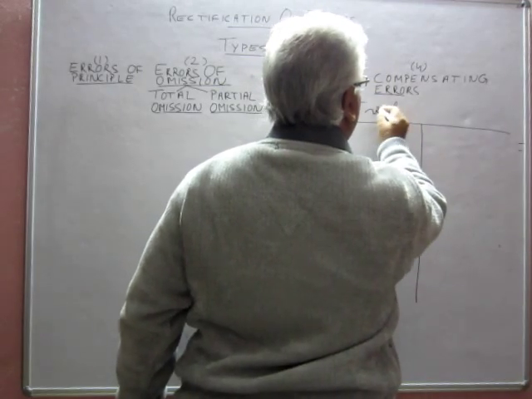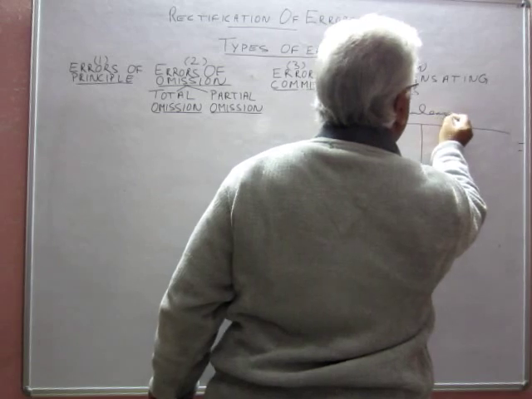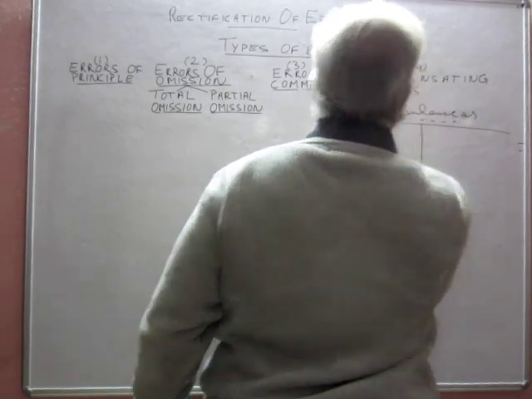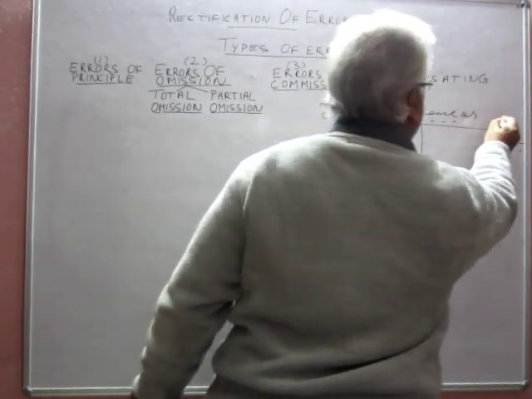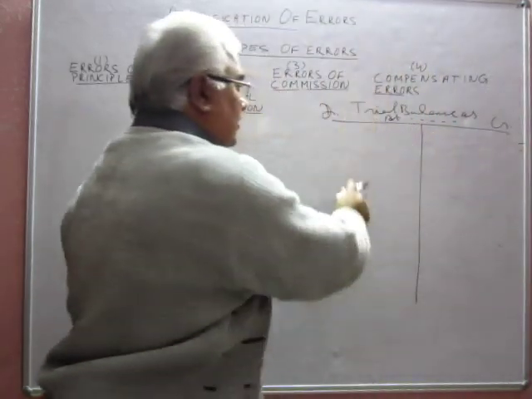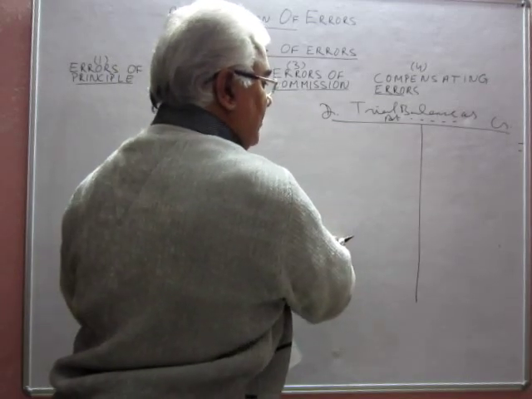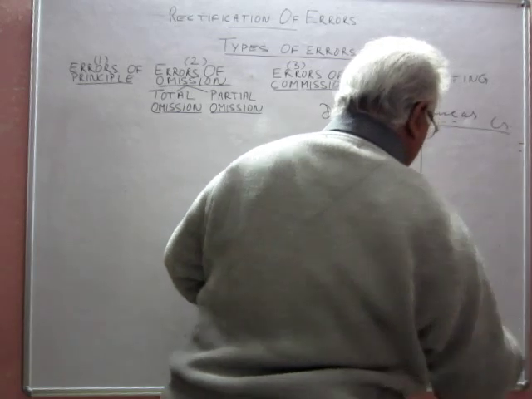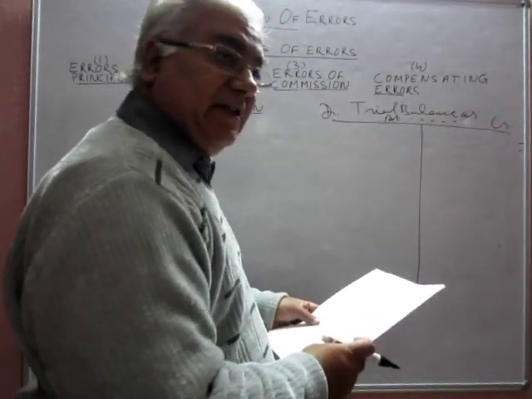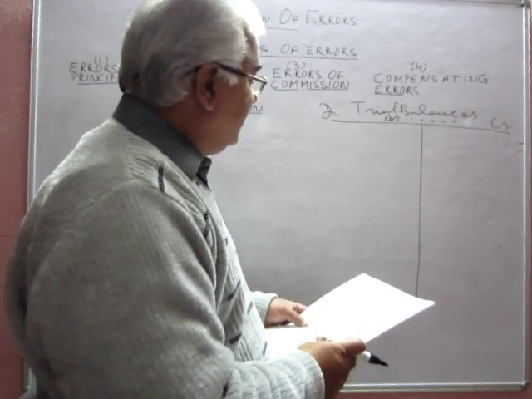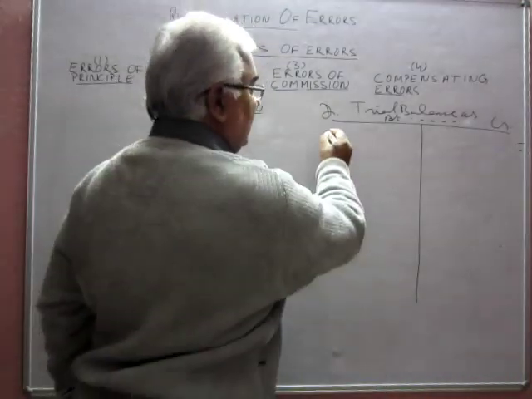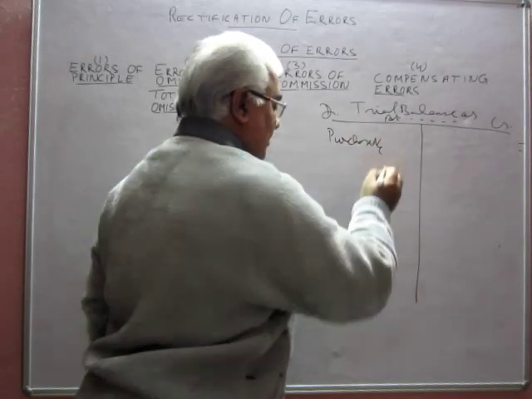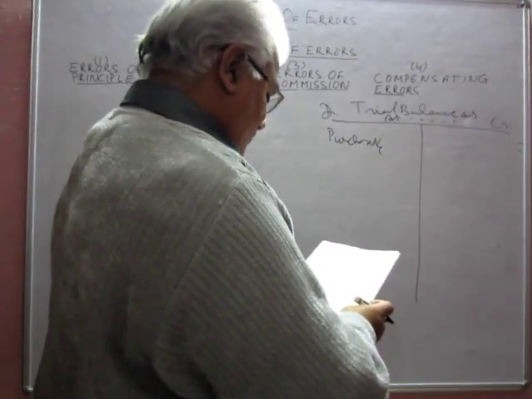Trial balance as at, trial balance is always on a particular date. Okay, all the accounts having debit balances will be kept here, and all the accounts having credit balances will be kept here. Now you see, purchase account, on which side should it come? Naturally, purchase account is a debit balance, so it shall come on the debit side.